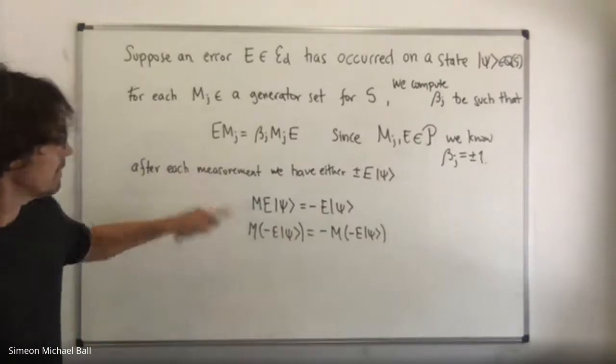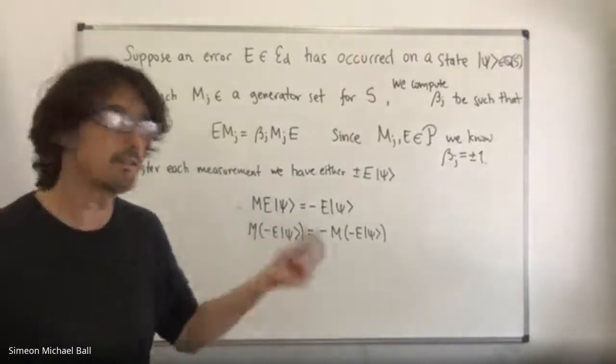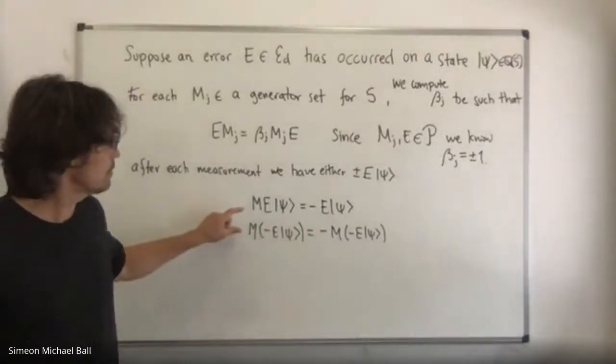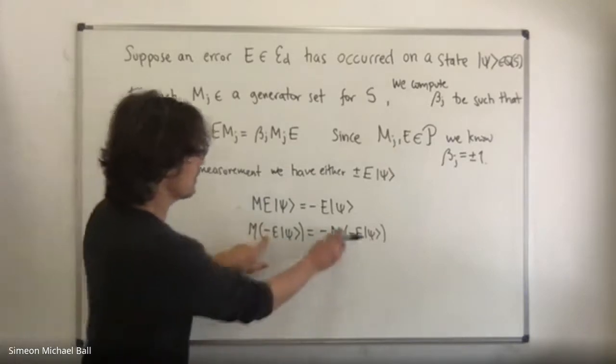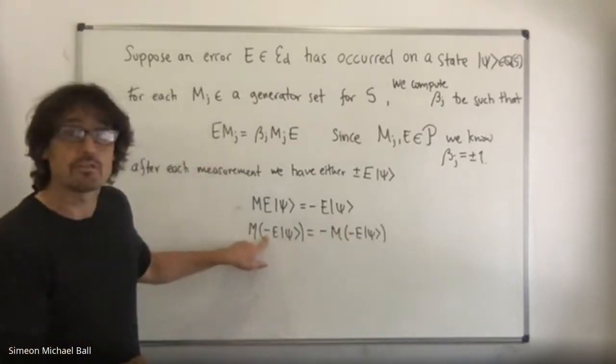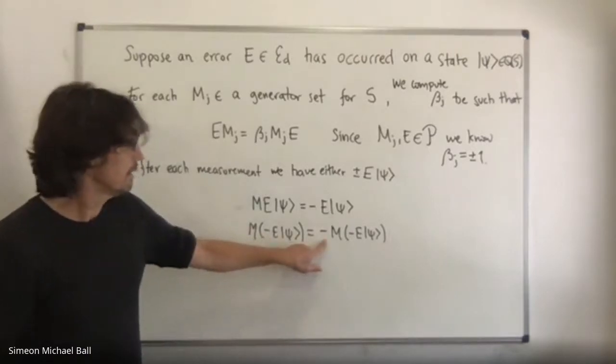You might think, oh well, if you flip the sign, then the next one's going to go wrong because it maybe flips the sign as well. But just because you've got an extra -1 here makes no difference. You'll still see it flipping when you do the measurement.